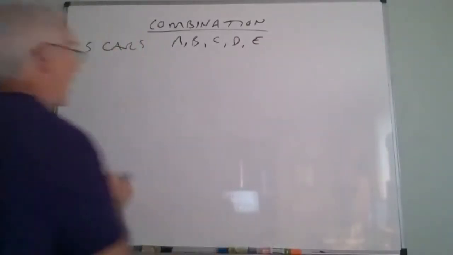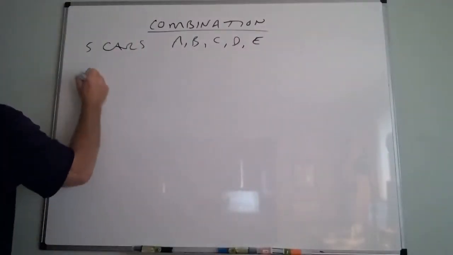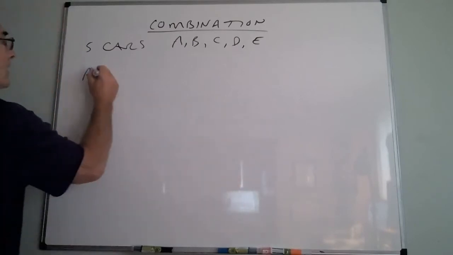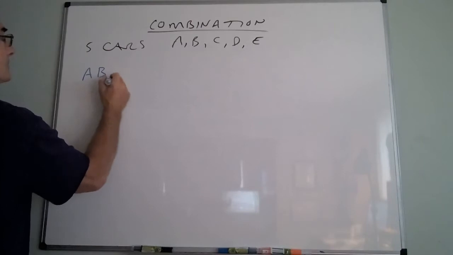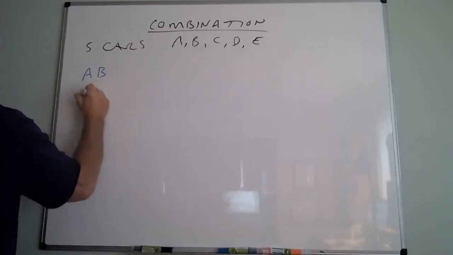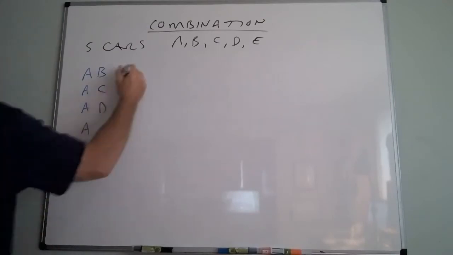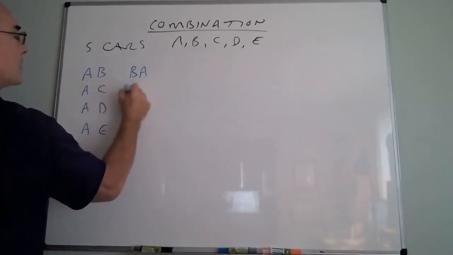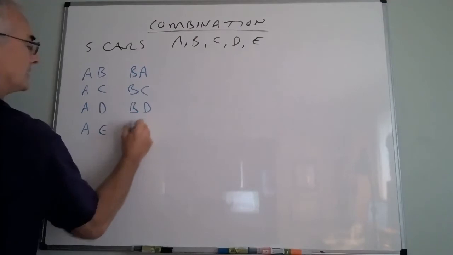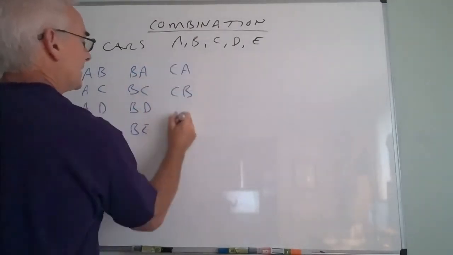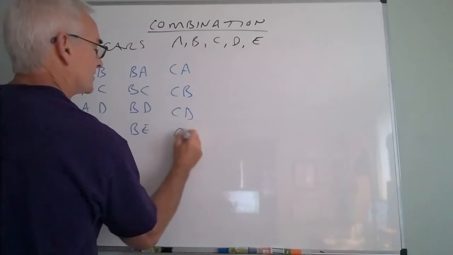Well, let's see. I can go, let's say the first friend and second friend, just to make it easy. So I can go AB. Now, what else can I do? I can go AC, AD, AE. I can go BA, BC, BD, BE. I can go CA, CB, CD, CE.